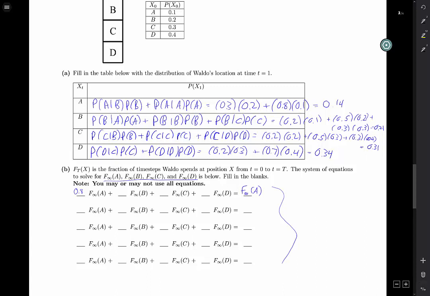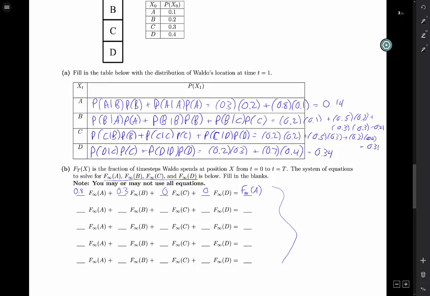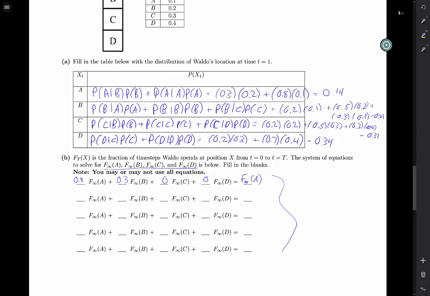Now, given my fraction of time in B, what's the probability that I end up in A after being in B? Well, it's 0.3, and I cannot reach A from D. Now we do the same for f infinity of B, f infinity of C, and f infinity of D. And there'll be one more equation that we'll need.